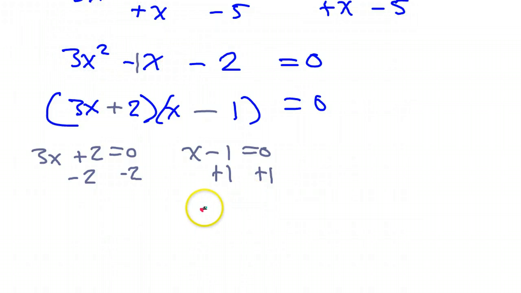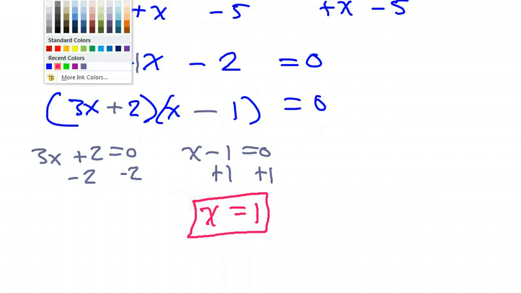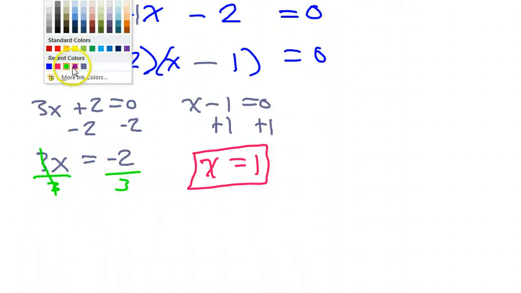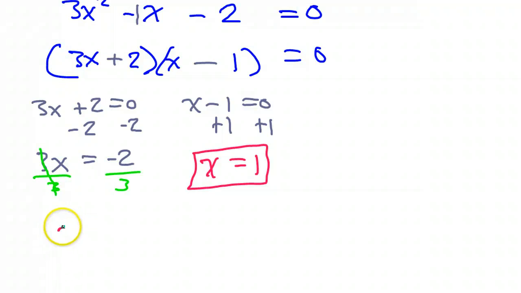Okay, so here I'm going to get x equals 1. I need to divide both sides by 3. So I'm getting x is equal to negative 2/3.